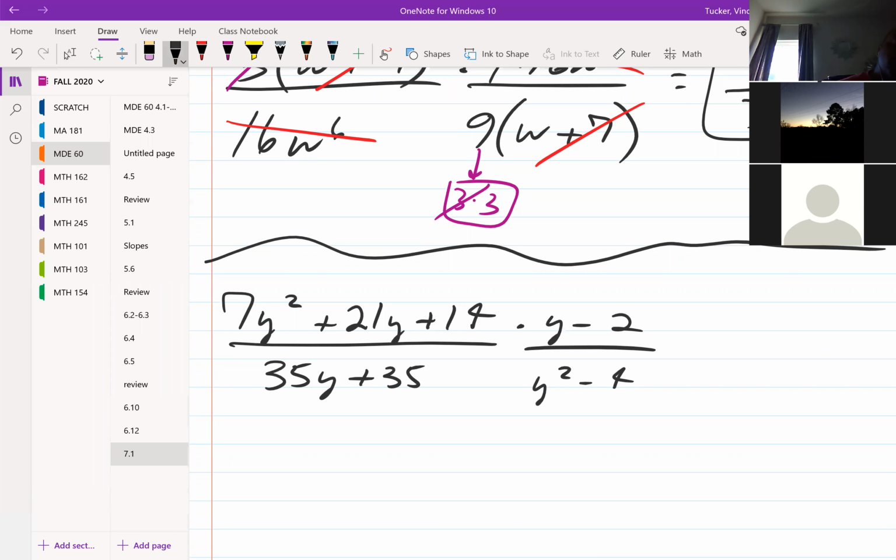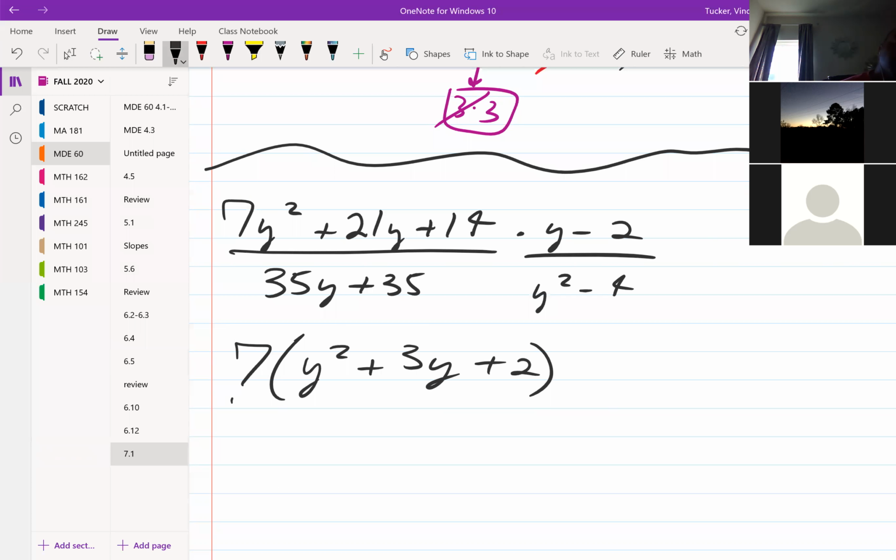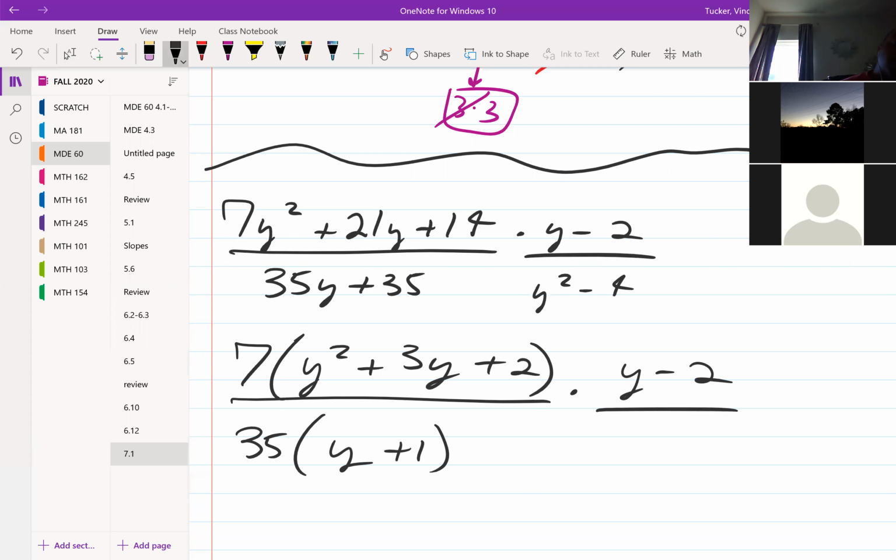So the first one, factor out 7: y squared plus 3y plus 2. Factor out 35. It's y plus 1. Can't do anything with y minus 2.